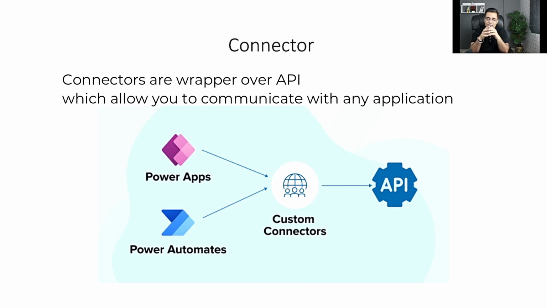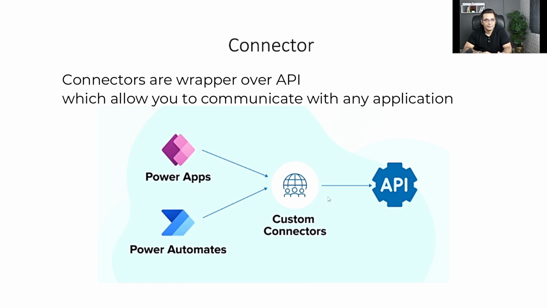So hope this is very much clear to you. Connectors are nothing but a wrapper over an API, which allows you to communicate with any application, no matter if it is a third party application or a Microsoft application.